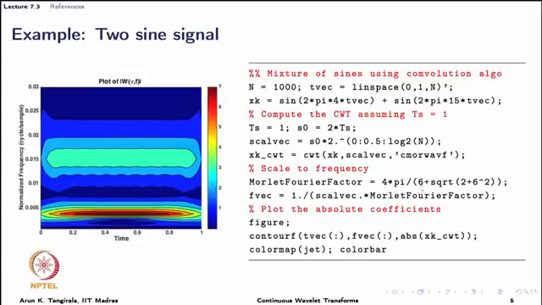The omega naught by default is set to 6. Strictly speaking, the CMOR wave actually uses not omega naught equals 6, it uses 2 pi. So, the strict conversion factor should have been not 6, but 6.28. So, you can try that out in your own leisure time.